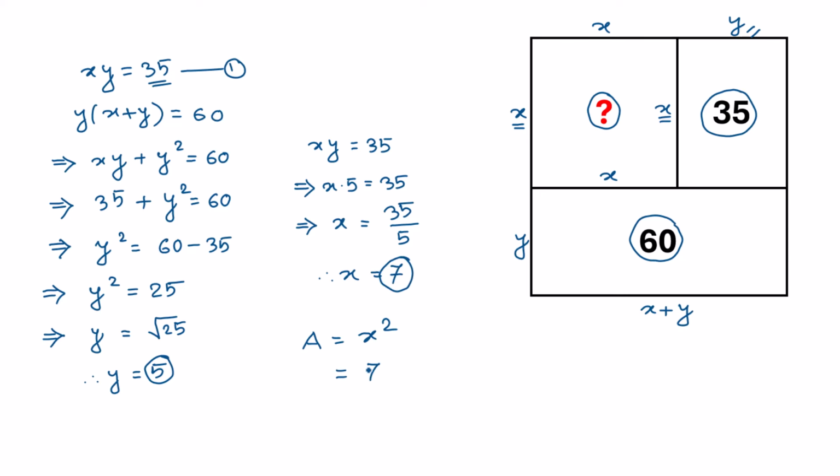We can write 7 square, which is 49, and this is the area of this small square. So the area of this square is 49, and this is our answer.